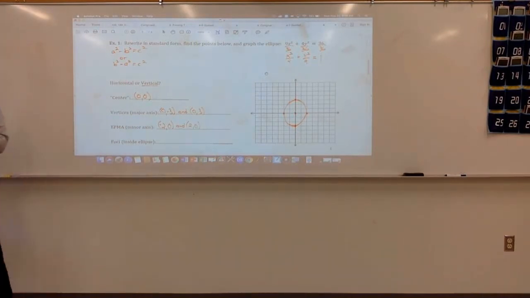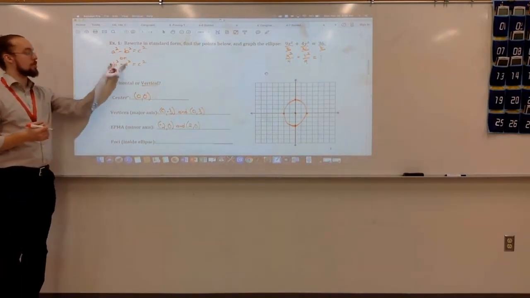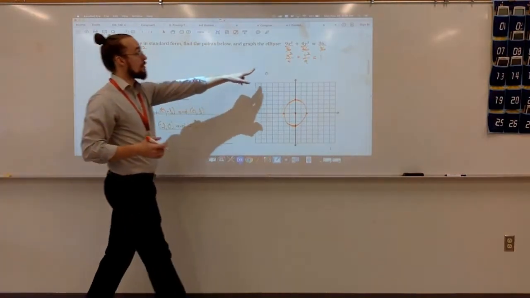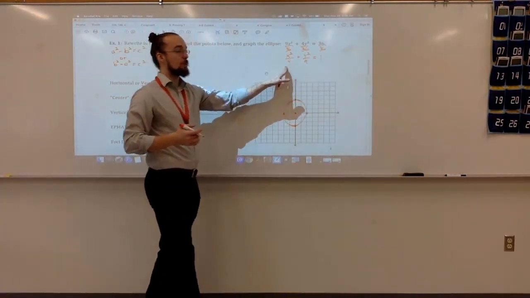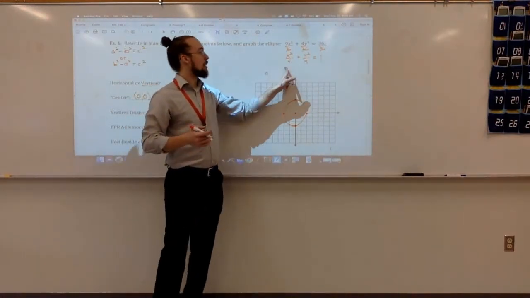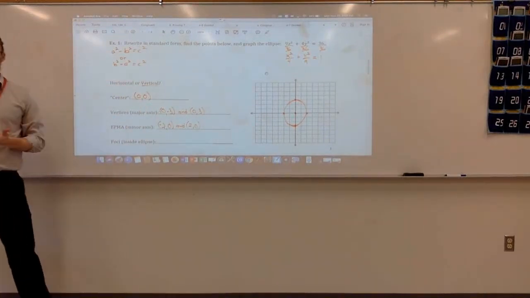We just want to put whichever one is larger first so that we get a positive value on the left side of the equation. Okay, so in this case, if I'm looking at my a squared and b squared values, I've got 9 and 4. So I would just take the larger one minus the smaller one.